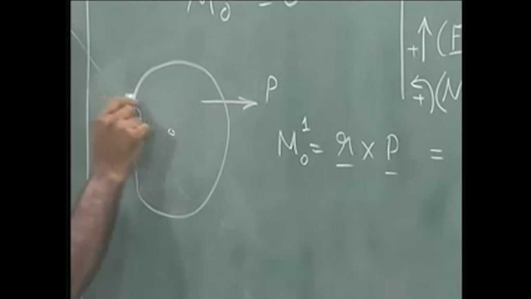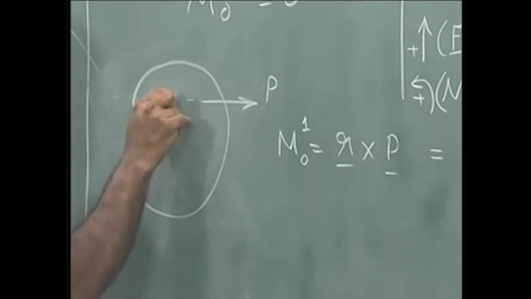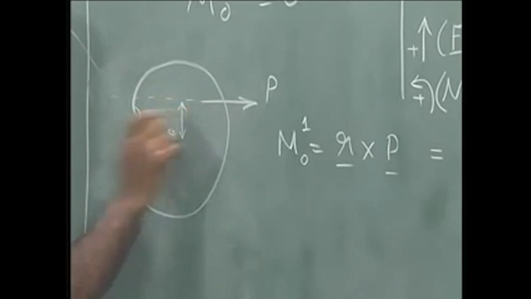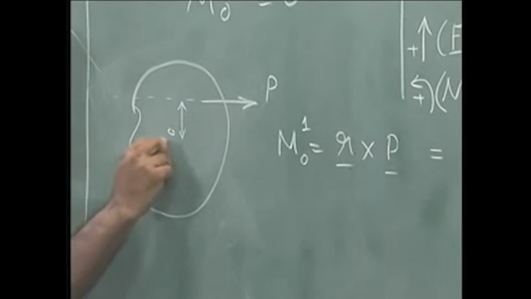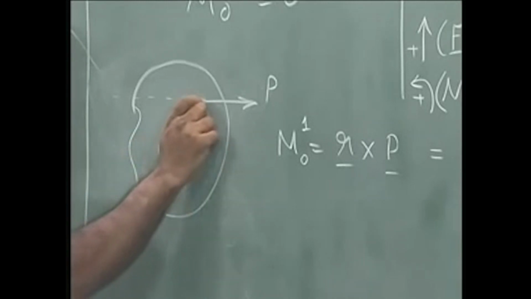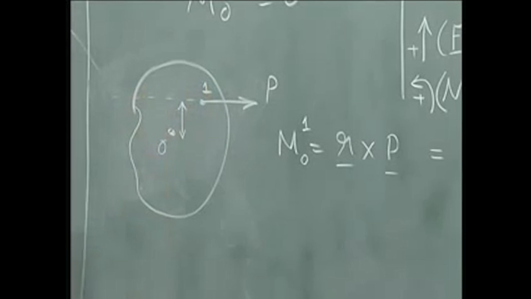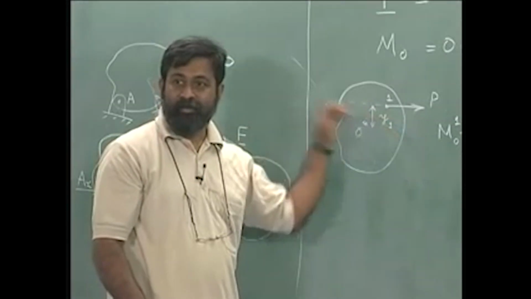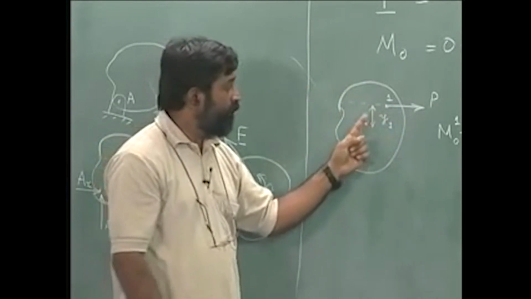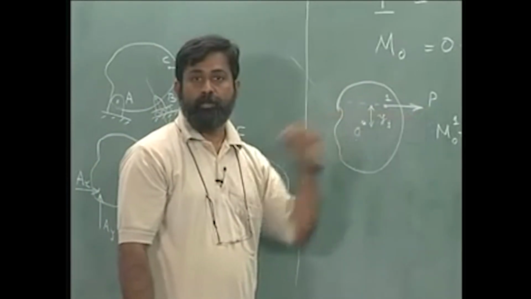Okay. All I need to do is to find out the vertical coordinate difference between this point O and this point 1, right, and this y coordinate of 1 with respect to O will immediately tell me that is the lever arm, or that is the arm that I have to use to multiply with the magnitude of P.